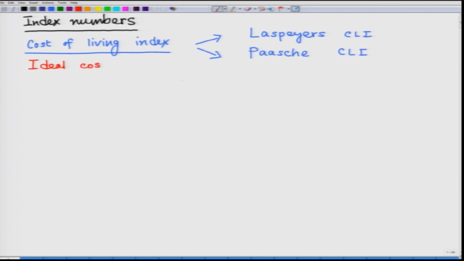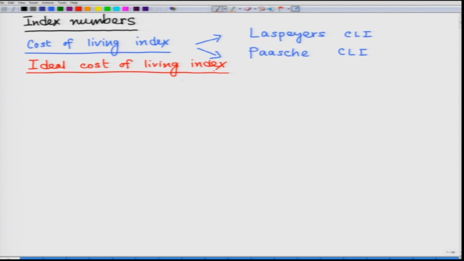The ideal cost of living index is basically the cost of attaining a given level of utility at current prices relative to the cost of attaining the same level of utility at base prices.